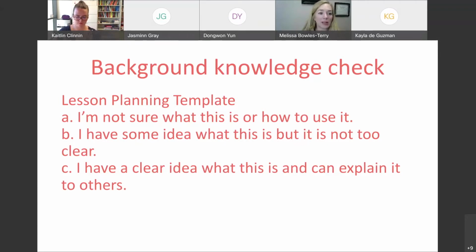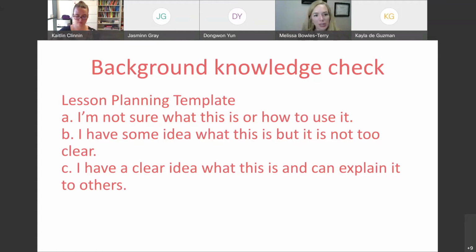And this might be a way that you start out a class or start out a unit or a module just to find out what students already know about the topic and to warm them up maybe and remind them what they do know. It's a way to get them into an idea before you even do any lecture or do any content presentation.